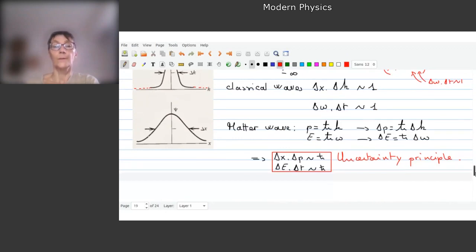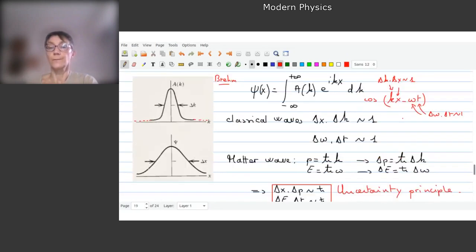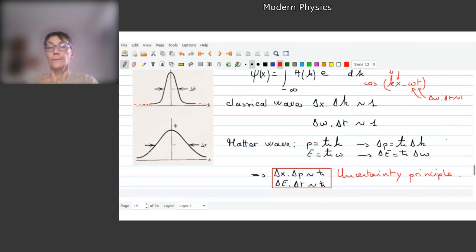And so when we now treat matter waves, we have these relations, and I repeat them. For an electron, when you describe the wave function, you will use the linear momentum more than the k.